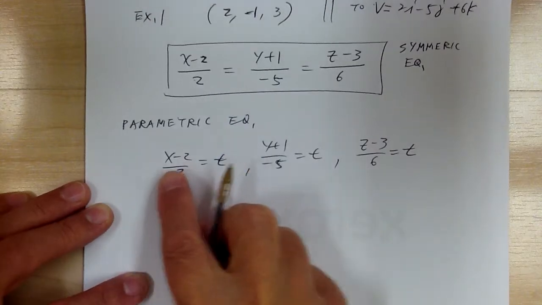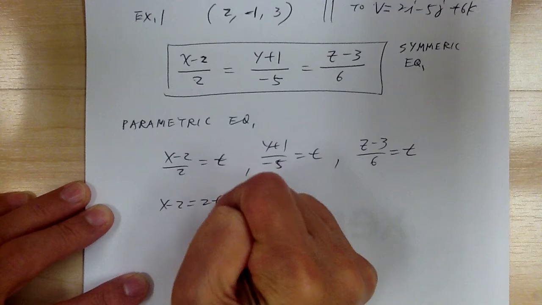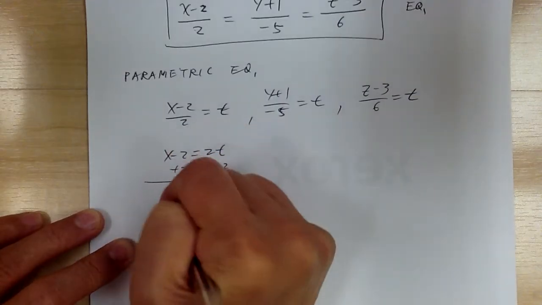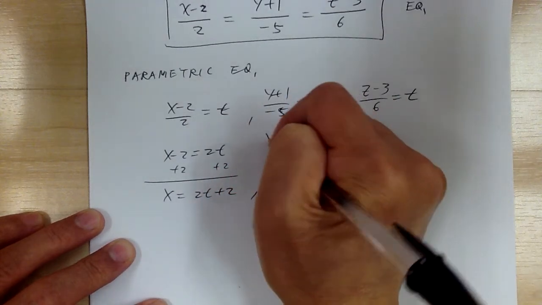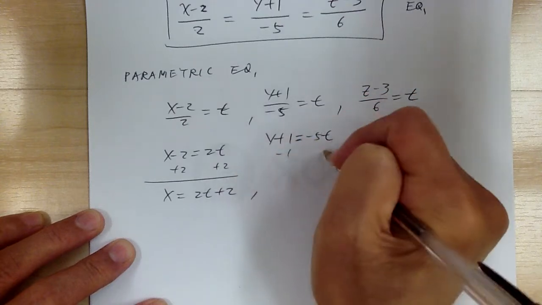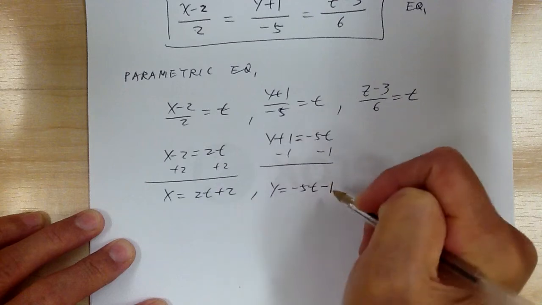Then after that, you solve for x. So x minus 2 equal to 2t. Then you plus 2, so you got x equal to 2t plus 2. Over here, do the same thing. y plus 1 equal to negative 5t. Then you minus 1, so you got y equal to negative 5t minus 1.